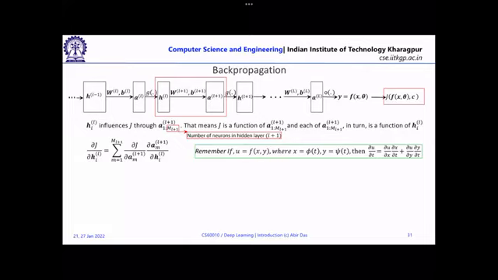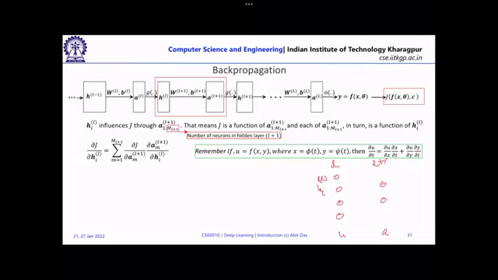This means that these were the H's for, say, the Lth layer. Let me try to draw it in a very clean way. So this is the Lth layer. And then suppose you have this L plus 1th layer where you have the A's, right? So this is H, this is A. Now, we are trying to find what HIL is influencing. So suppose this is the HIL, right?